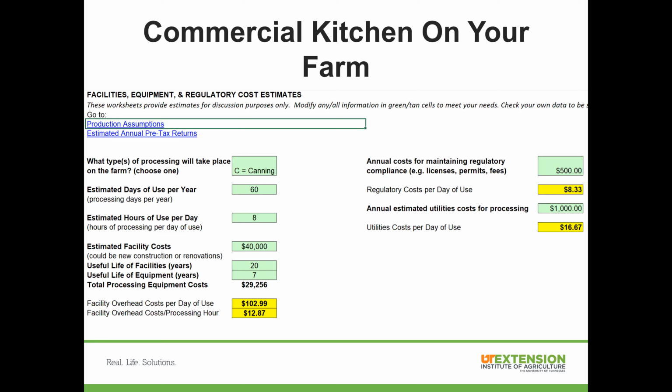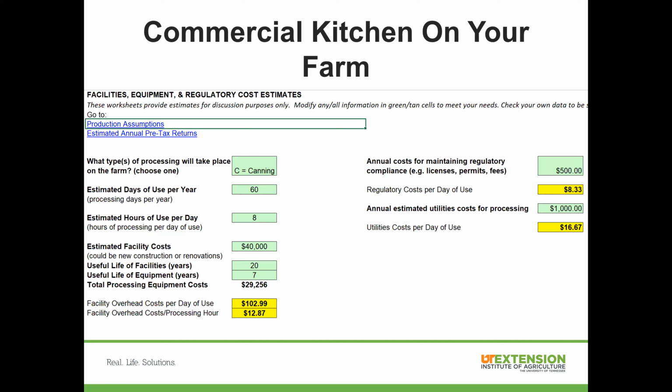But in this case, for a canning only activity, we've estimated the processing equipment would cost just a little over $29,000. So if we're using it 60 days a year, and based on the useful life that we've plugged in of 20 years for the facility and 7 years for the equipment, we come up with an overhead cost, just the cost of the facility and the equipment, of about $103 a day that it's being used.